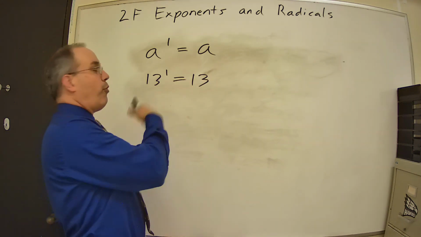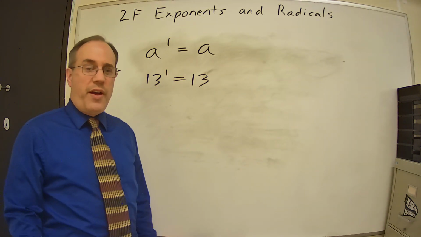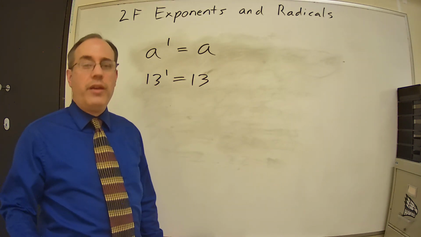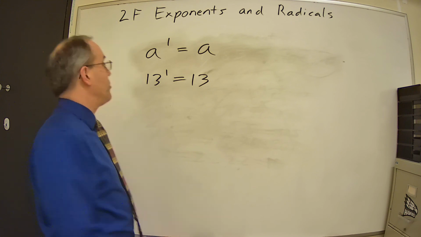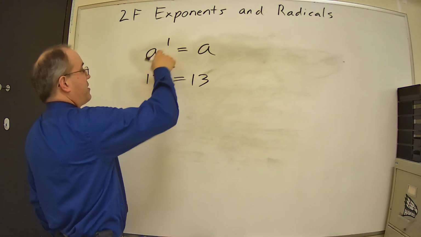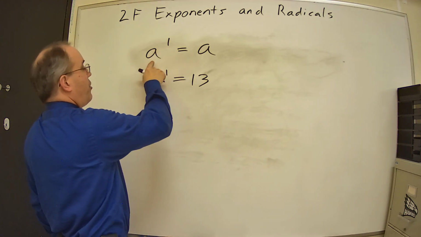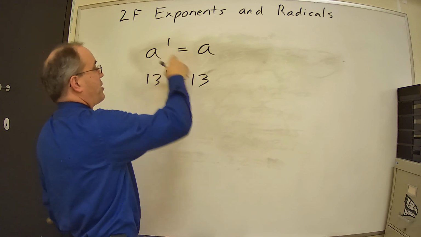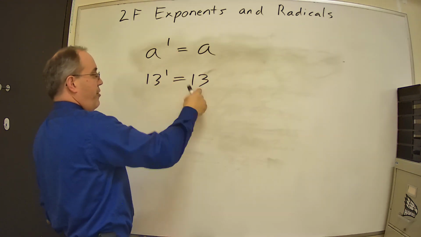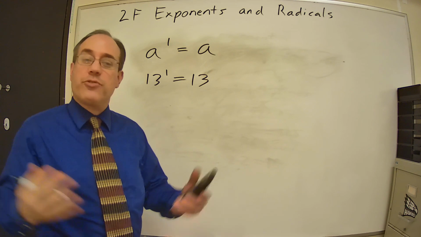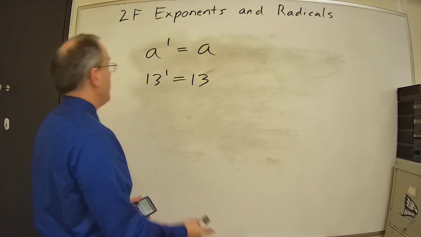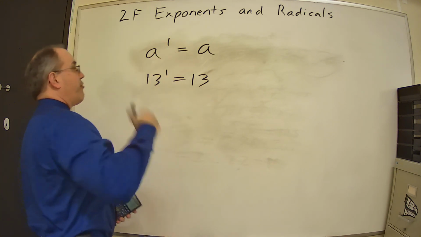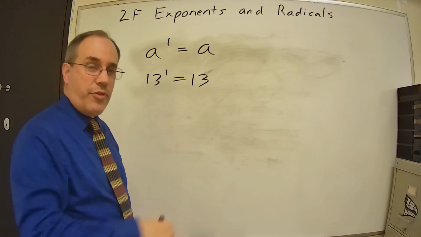If I have 24 to the 1, 24. If I have 697 to the 1, 697. Because what are you doing? Well, you're taking this many of those and multiplying together. Well, that's one of those. You're taking 13 and there's nothing to multiply it by, so it's just 13. So any number raised to the first power is just going to give you that number back.